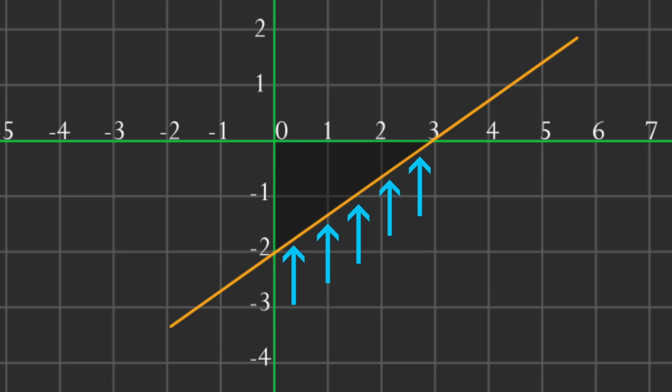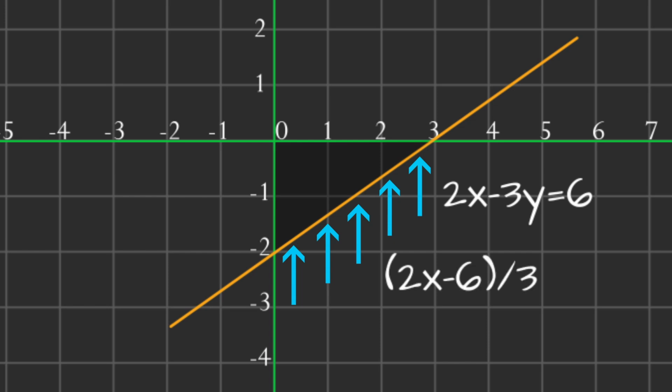So this time these arrows will enter the region of integration through this line, whose equation is 2x minus 3y is equal to 6. So the lower limit of the inside integral will become (2x minus 6) upon 3 and the upper limit will be this line, which is y equal to 0. So you can see these are your inside integral limits.